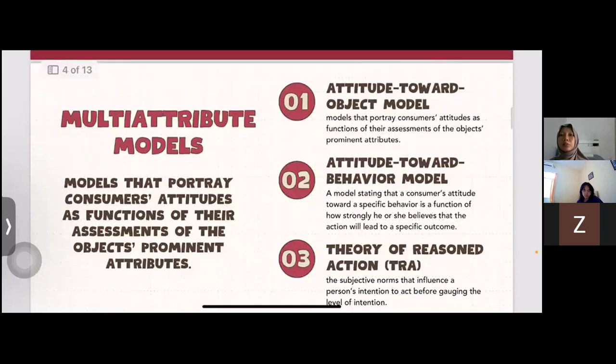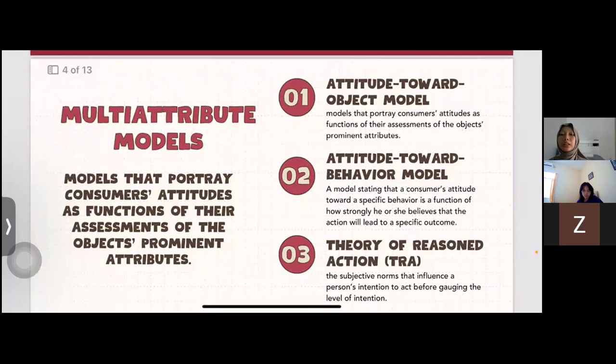Next is the multi-attribute model, models that portray consumer attitude as a function of their assessment of the object's prominent attributes. The first is the attribute-toward-object model.